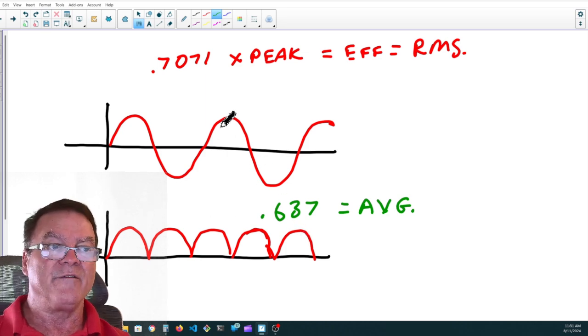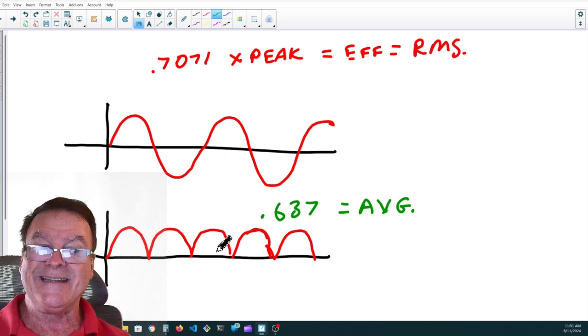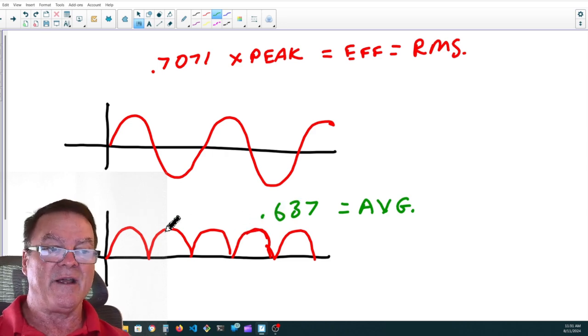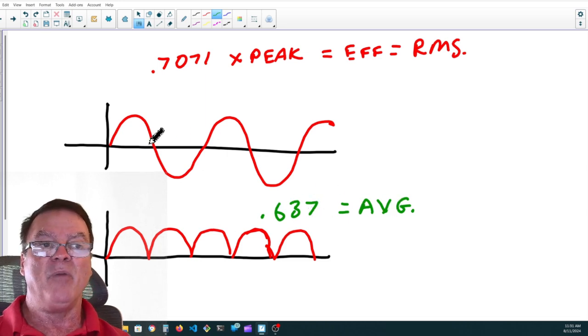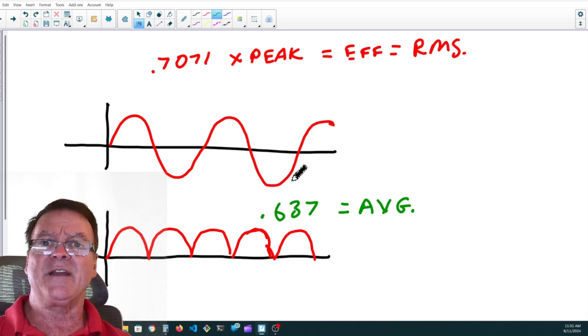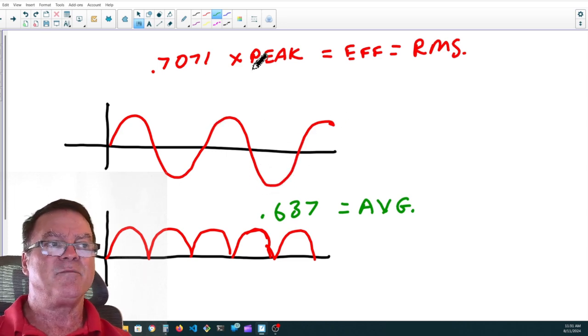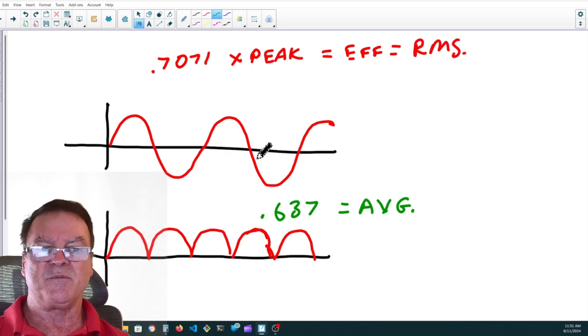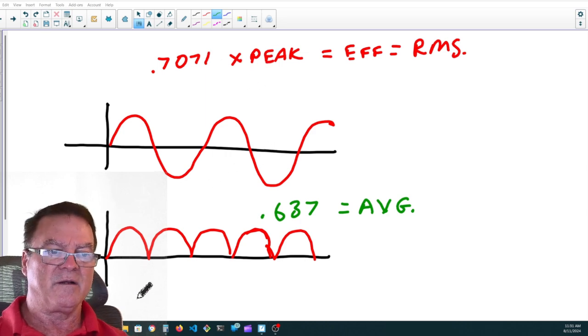Well, one of them is AC, one of them is DC. That's the difference. When you rectify it into DC, you're going to get 0.637, the average. But if it's still a sine wave, and they ask you what's the effective value, it's 0.7071 times peak. I hope that cleared it up.